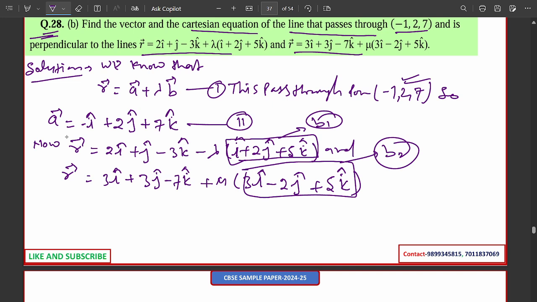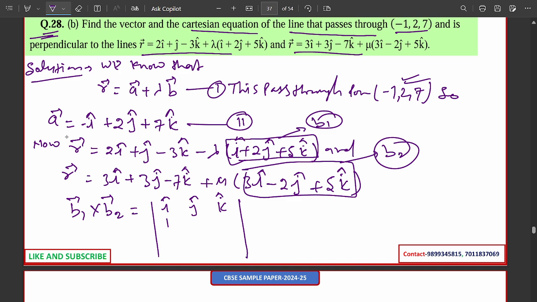So first of all, we have to find B1 cross B2. To find the cross product, the procedure is with the help of determinants.